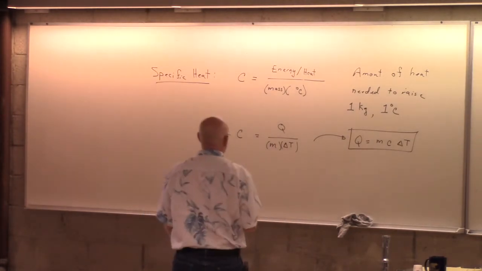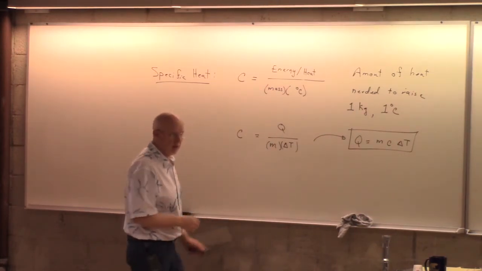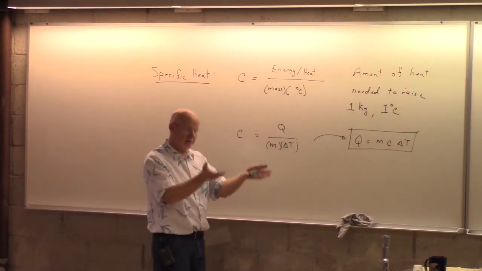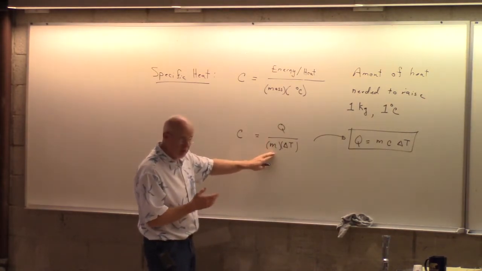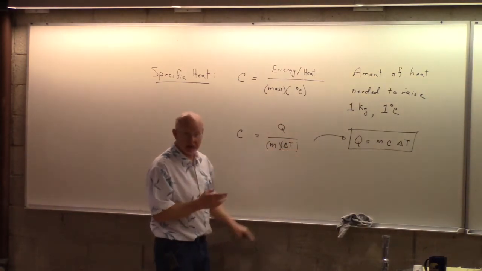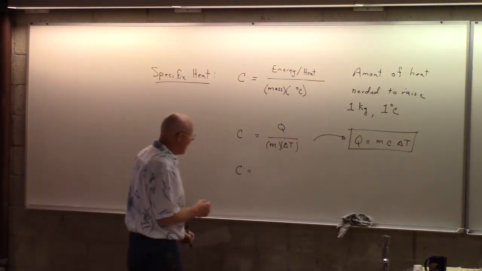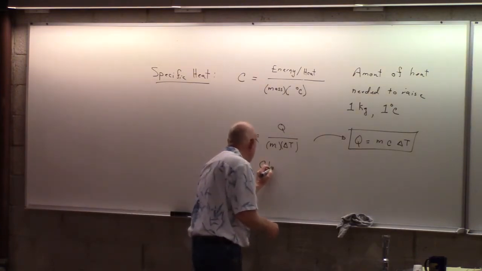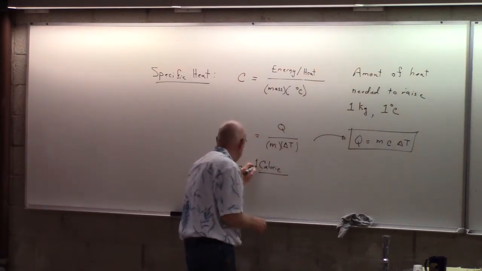So they said, let's use water as our reference point. In other words, if I had 1 kilogram of water, how much heat energy would it take to warm up 1 kilogram of water 1 degree Celsius? That became their specific heat, and it became the definition of what today we call a calorie, with a capital C.